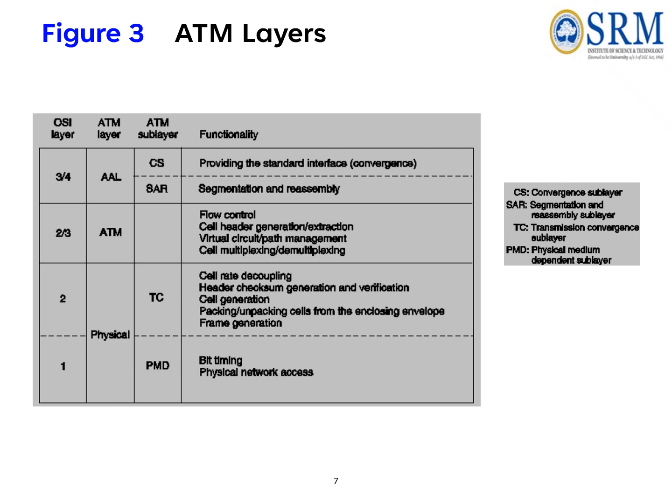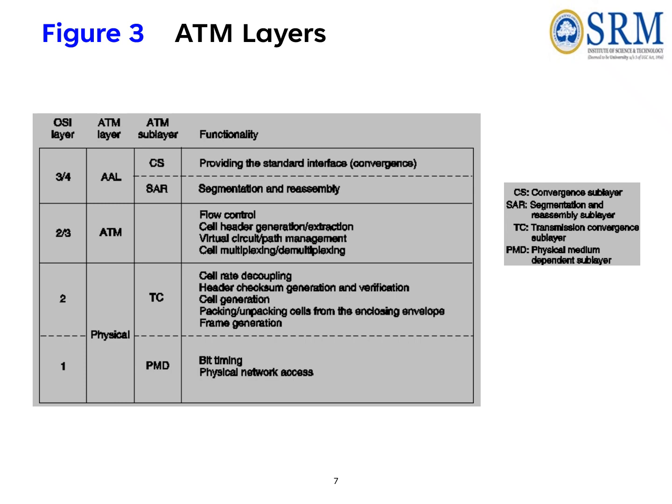The transmission convergence sublayer is responsible for header sequence generation, cell delineation, frame generation, and recovery. The physical medium dependent sublayer is responsible for bit timing and encoding and decoding of bits.